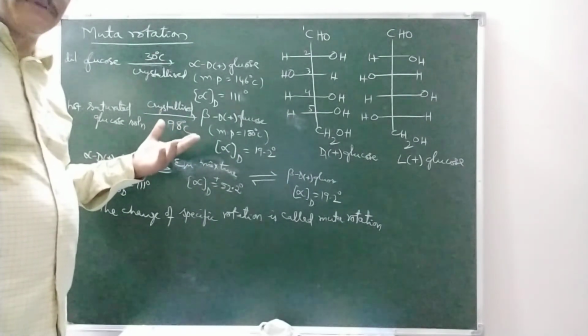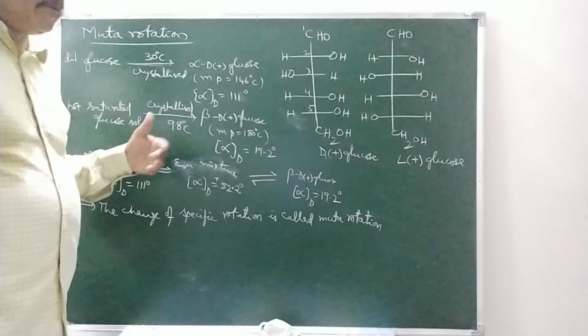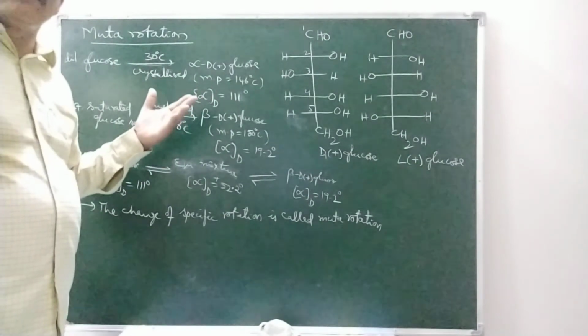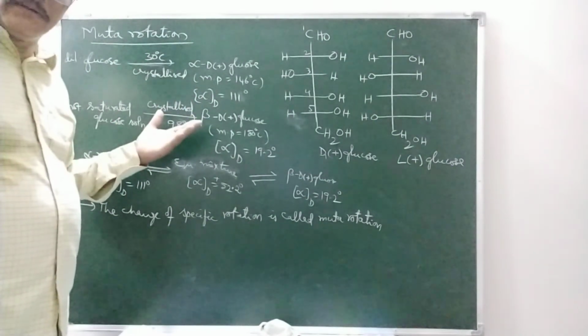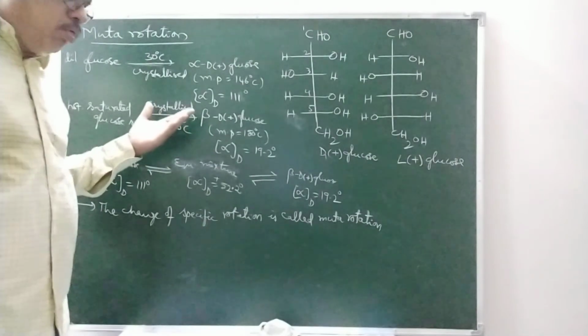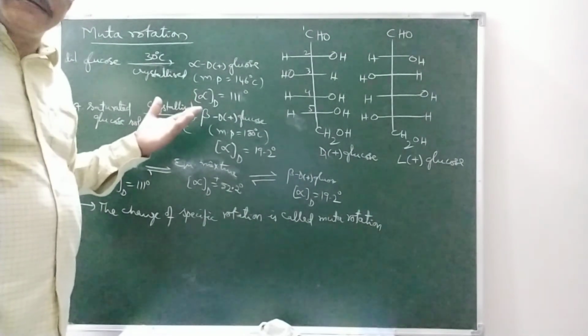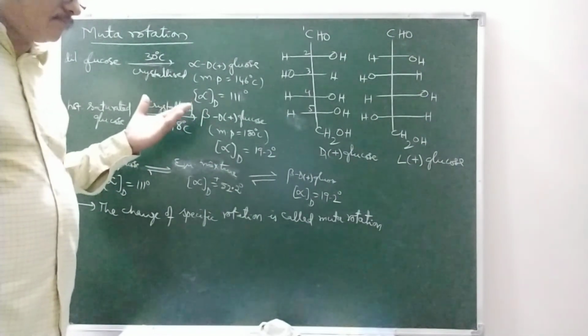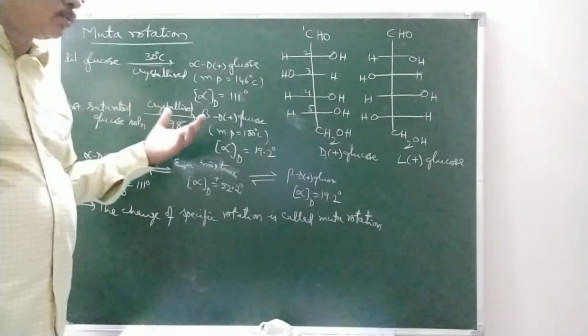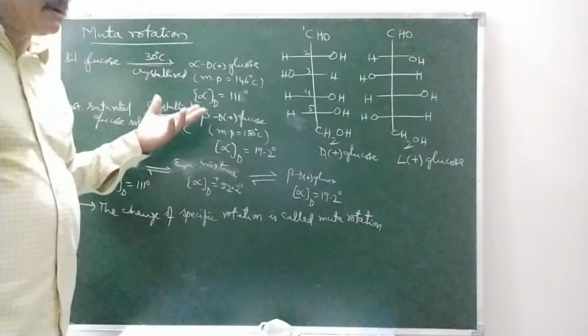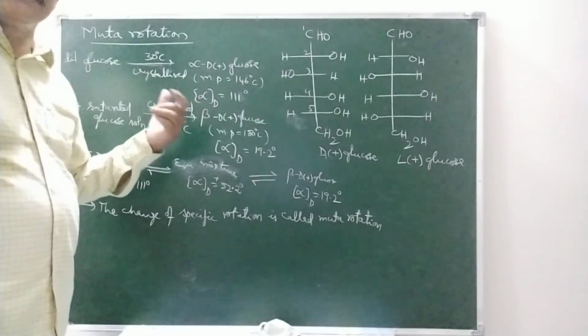This is confirmed by methylation. When glucose reacts with methyl alcohol in presence of HCl, alpha D methyl glucoside and beta D methyl glucoside are formed.